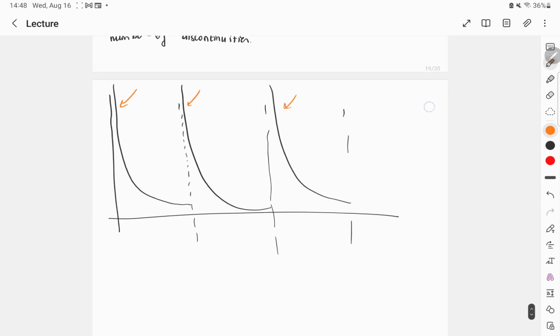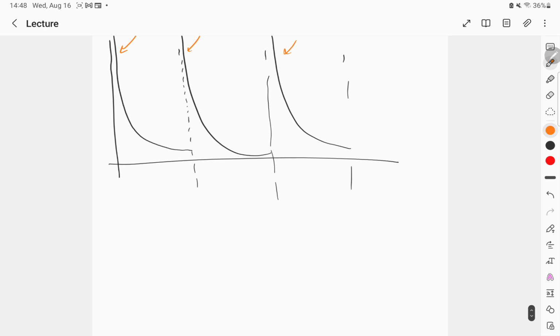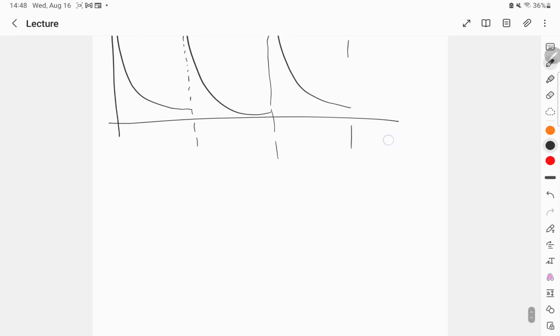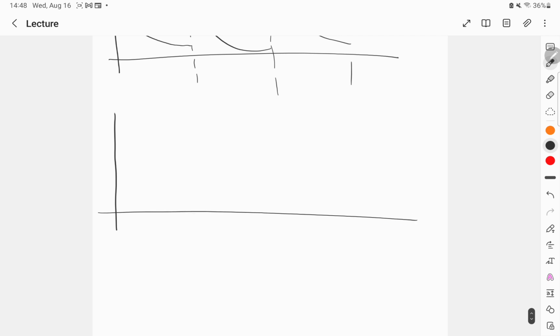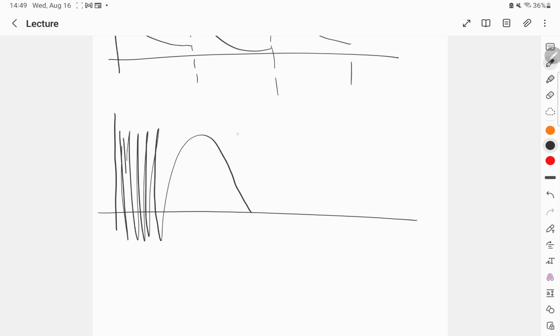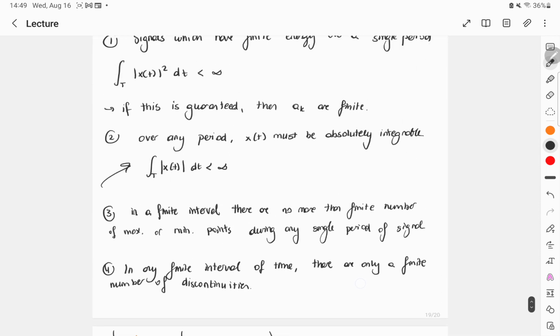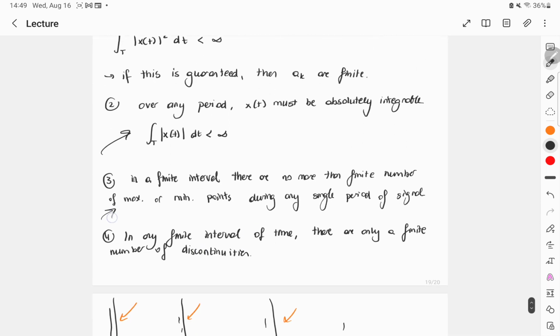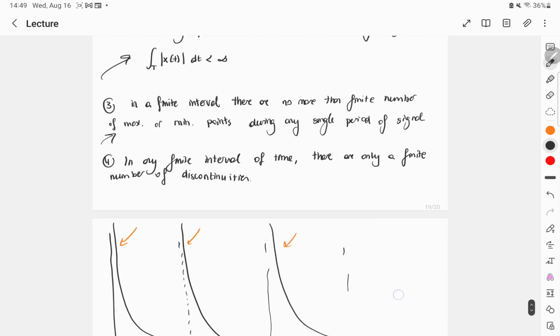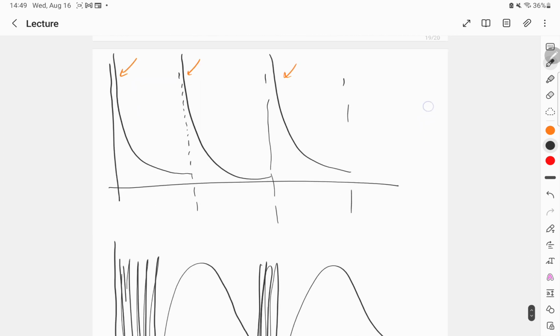Let me move on to the next one. For example, if we have an example like this, where it goes like this. In this case also the rule is violated, because the third condition says that in a finite interval there are no more than a finite number of maximum and minimum points.